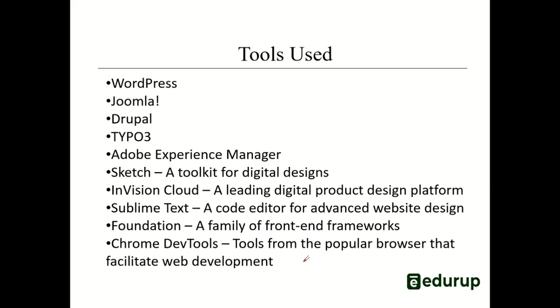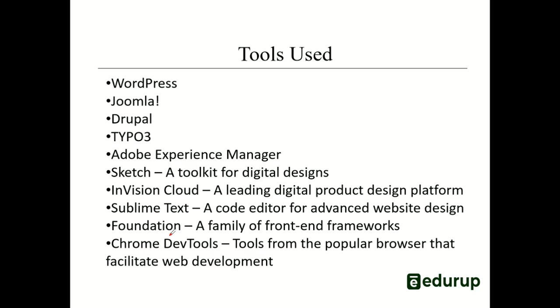Next, what tools will be used? WordPress you can use for web designing, Joomla, Drupal, Typo3. Adobe Experience Manager also you can use. Sketch, a toolkit for digital design. InVision Cloud, a popular one, a leading digital product design platform. Sublime Text, a code editor for advanced website design. Sublime Text or Visual Studio Code you can use.